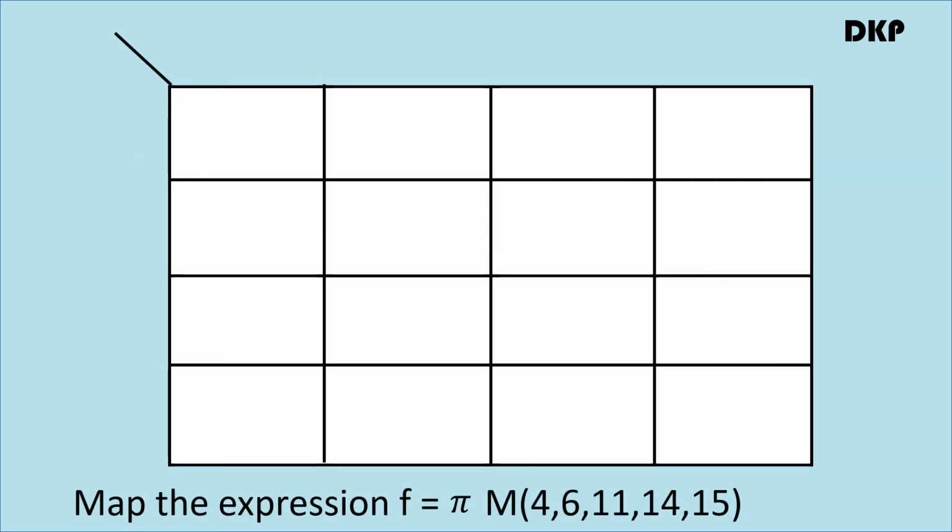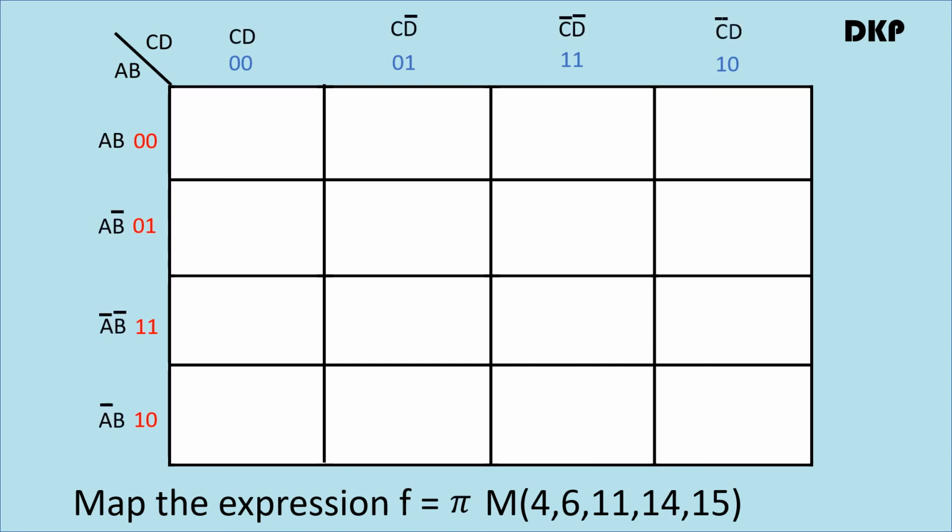So first you have to draw the K-map, which consists of 16 cells, and you have to mark the max terms. Each cell represents one max term, M0, M1, M2, etc. So here the max terms are given. These are the max terms which are present in the expression, that is 4, 6, 11, 14, 15.